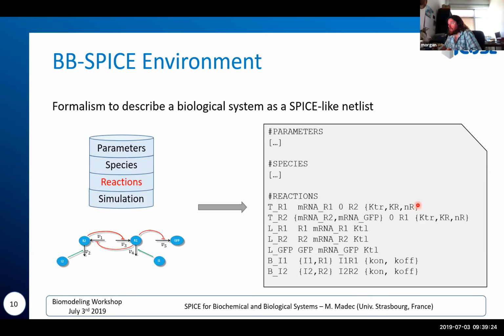And then the parameters, which correspond to the ones you will find in the reaction rate. For the translation, you give the name of the translated molecule, the name of the mRNA that is used, and the translation rate. And for the binding, you give the reactant, the product, and the K-on and K-off parameters.